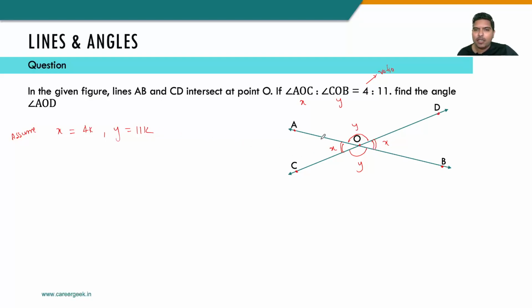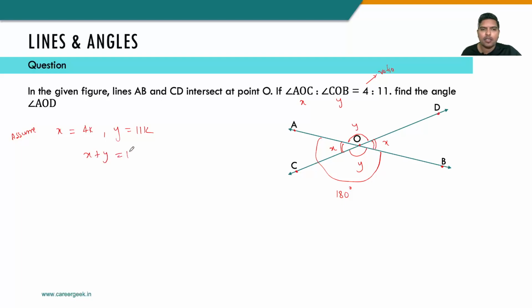And we have just seen that x plus y, what is the relation that we can think? It's a straight line, straight angle. So this is where having an idea about all the angles is so important. Whenever you see a straight line, remember the question most probably would be testing that, right?